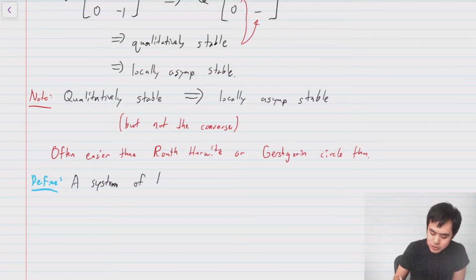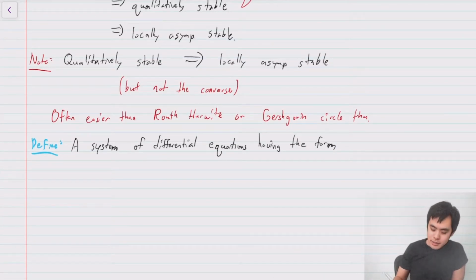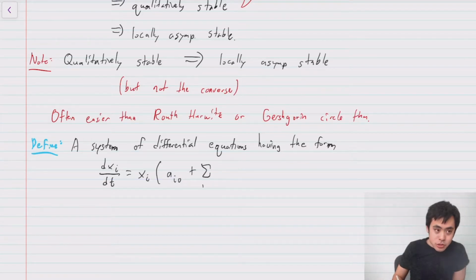So a system of differential equations having a specific form. It's a form that's going to be almost affine, but not quite, so linear-like, but not quite. So this is dxi/dt equal to xi times (ai0 plus the sum from j equals 1 to n of aij xj) for i equal 1, 2 through n.